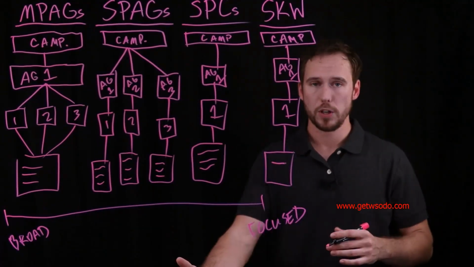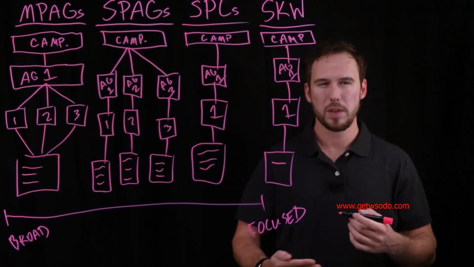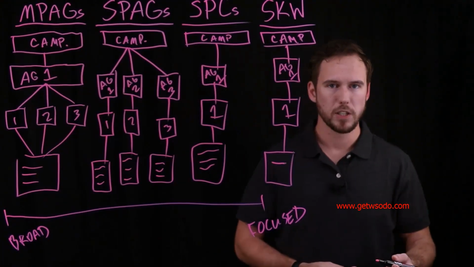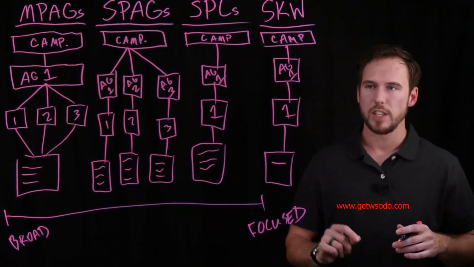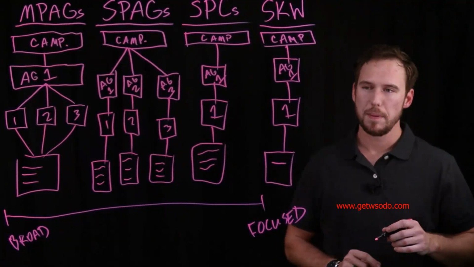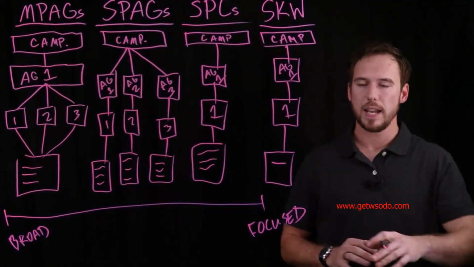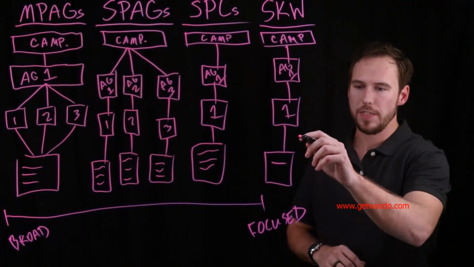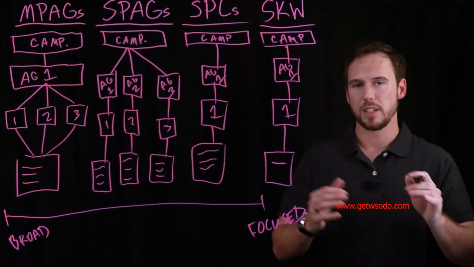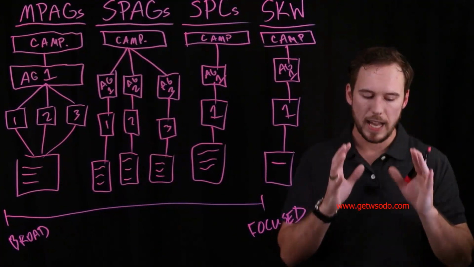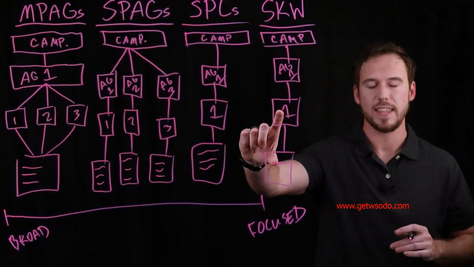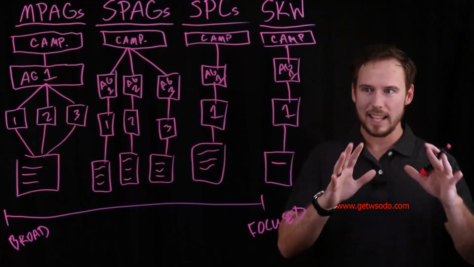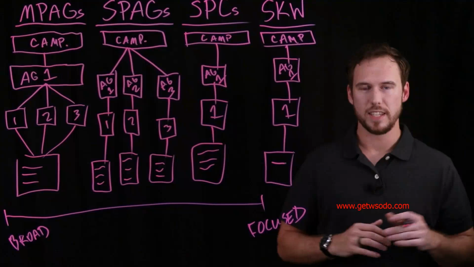You have even more specificity with your placement controls, because you now know that any placement change that you make within this single keyword campaign is only going to impact this product on this keyword. So any metrics inside that campaign are going to be hyper specific to this relationship between this product and this keyword. And that's the kind of focus that you need sometimes with ranking.